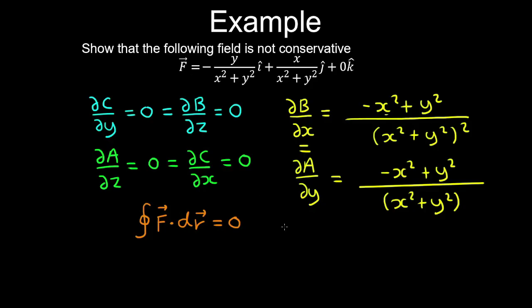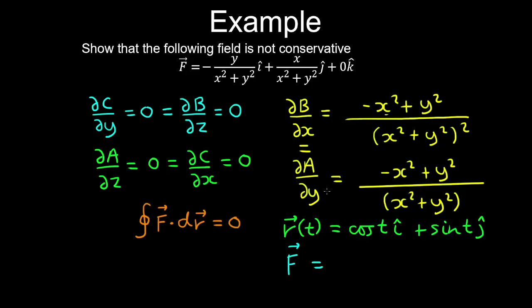And the loop that we'll choose is a circle of radius 1. So that's parametrized by cosine t in the i direction and sine t in the j direction from t equals 0 to 2 pi. And we can write f in terms of t.